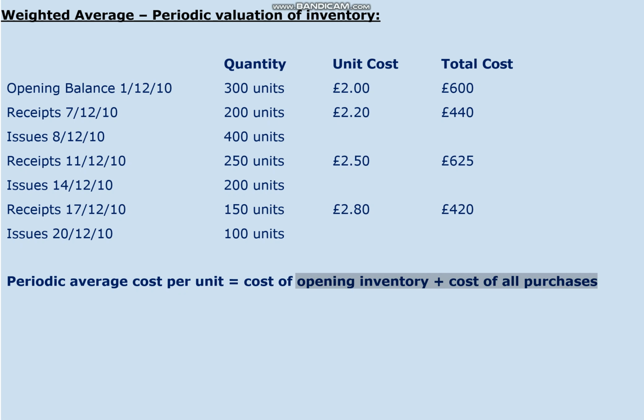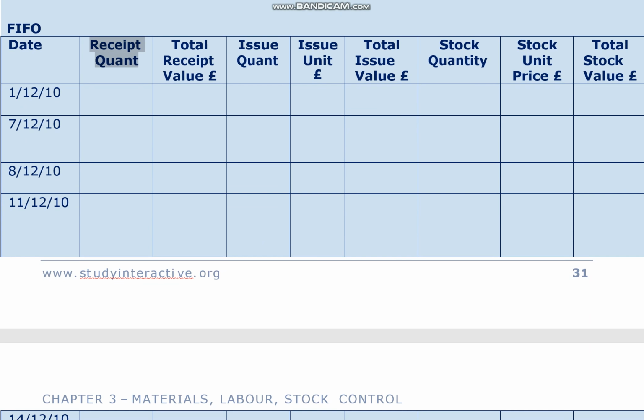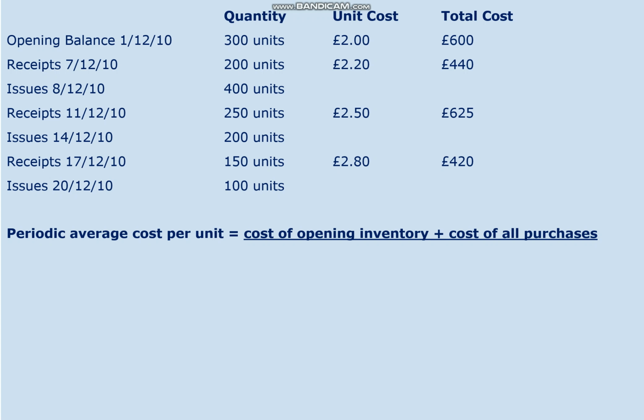So cost of opening inventory plus the cost of all purchases, and then we divide this by units in opening inventory plus units of all purchases or receipts.